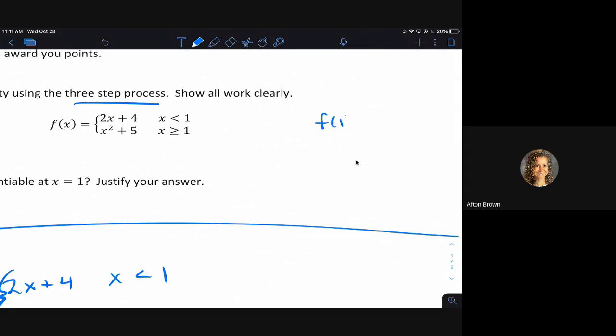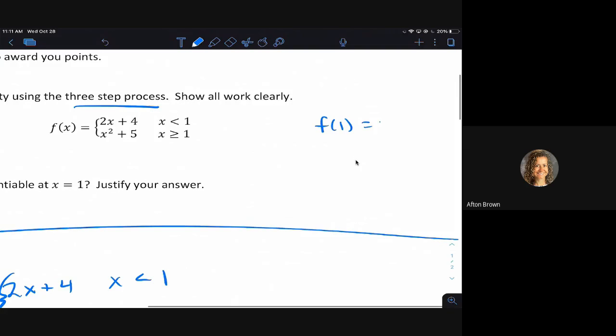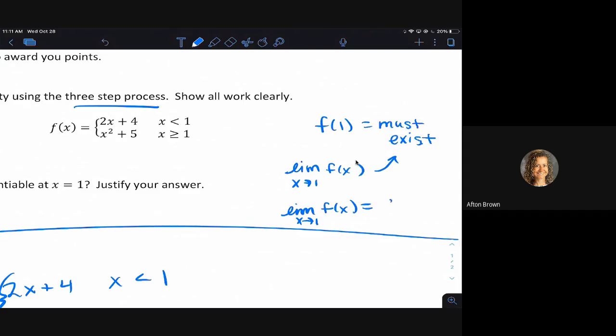The limit has to exist, and they have to be equal to each other. Exactly. The point must exist. The limit as we approach that number must exist. And those 2 things must be equal: the limit as x approaches 1 must equal the value of the function at 1.